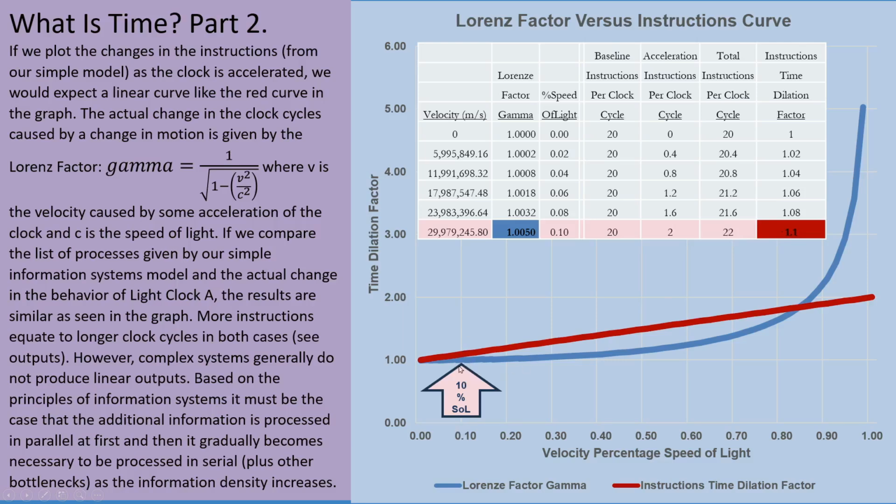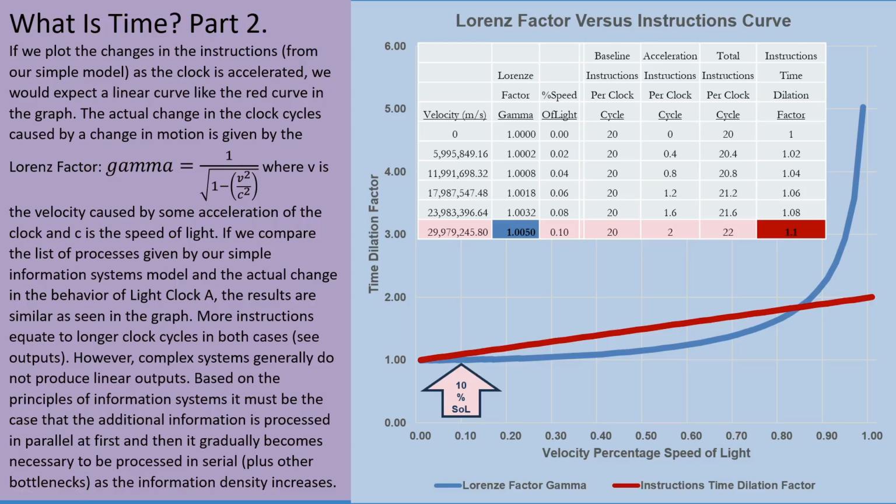So it's not a one-to-one situation. The actual curve that explains the changes in the behavior of the clock system predicts a more complex system than just extra instructions being processed.